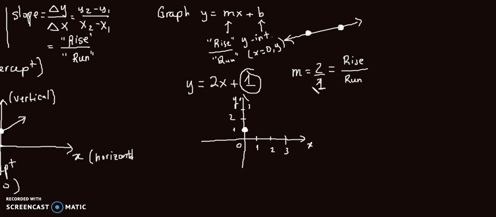From this point, to find another point, I move up 2, 1, 2, and then move to the right 1 unit. This would be my second point. The line that crosses through these 2 points is my graph of y equals 2x plus 1.